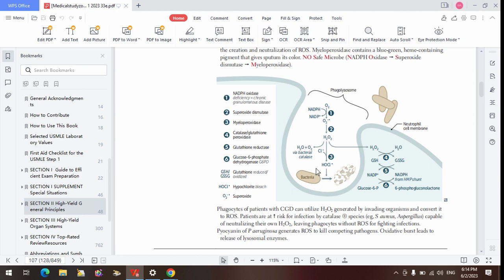The only way they can kill the bacteria is when the bacteria does its own metabolism and releases hydrogen peroxide, which combines with Cl to form hypochlorite, and they use that hypochlorite to destroy it. So there won't be any CGD. But when the bacteria has a mechanism of cleaving its own hydrogen peroxide, CGD will develop.